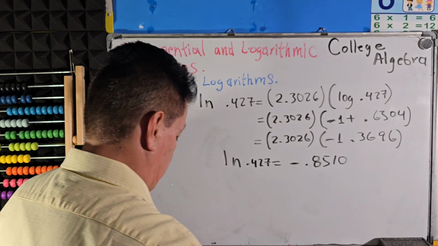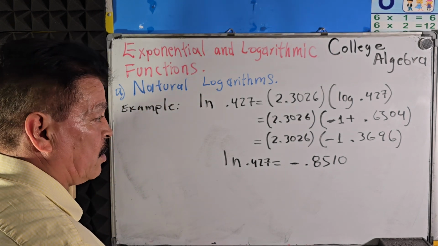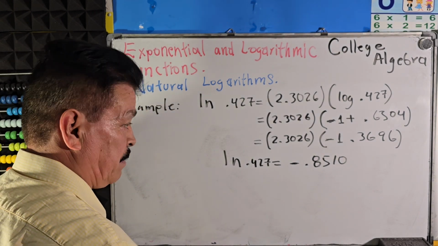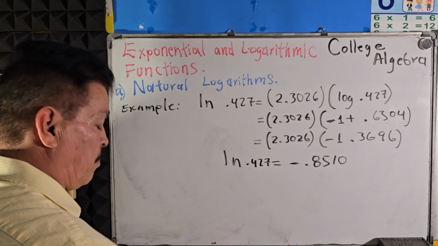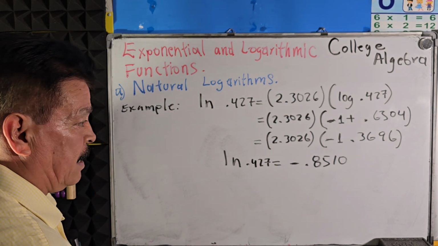I am using my cell phone to make the division and the multiplication, because it's very hard to develop the whole problem. It's a long process. Okay, so that's it. I think that's the right answer.